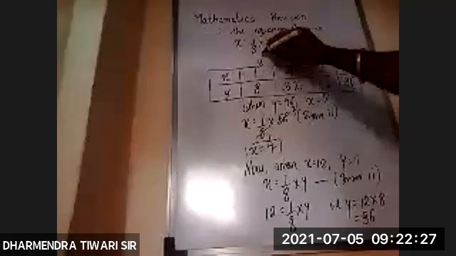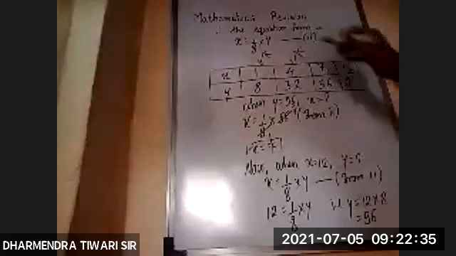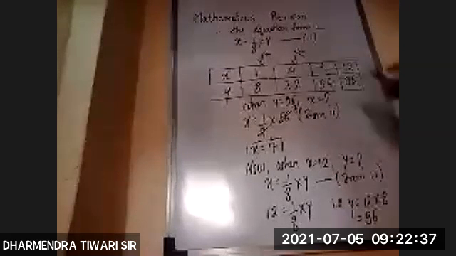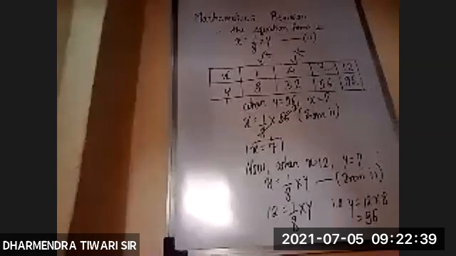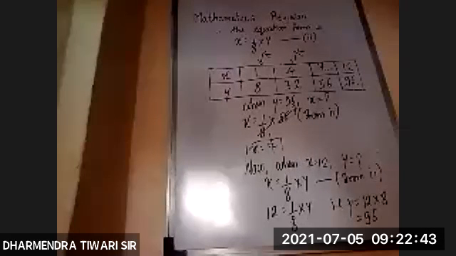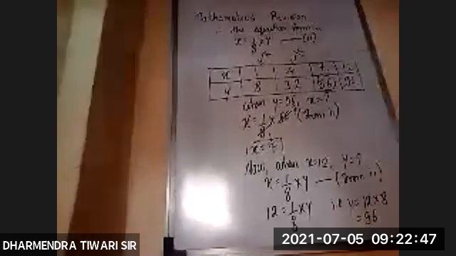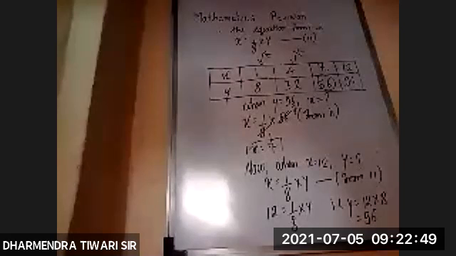Once the constant of variation is known, one value is already given, and always they will ask you to get the value of the other variable. So with the help of one known value, we can get the value of the unknown variable. So this is our observation from this table.